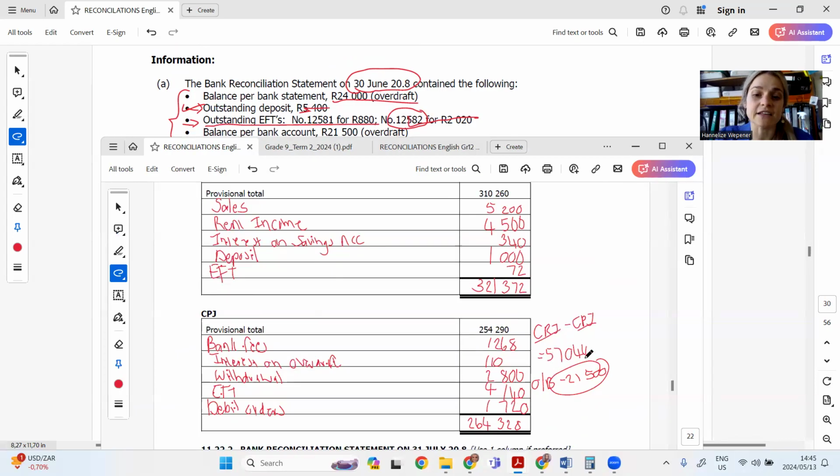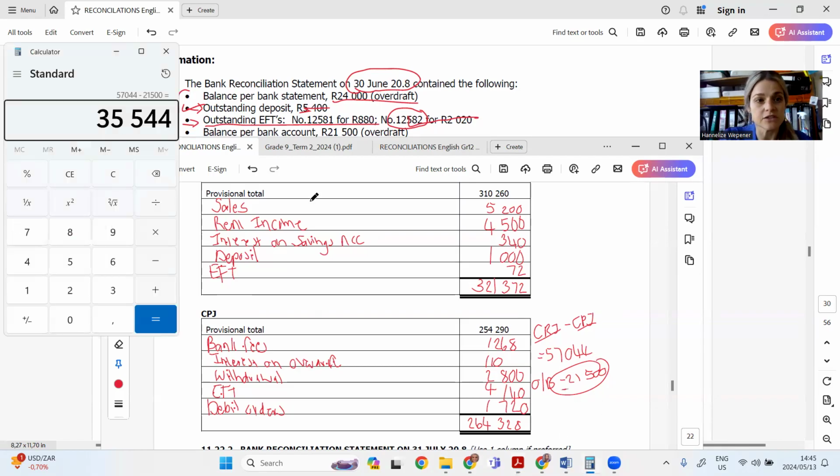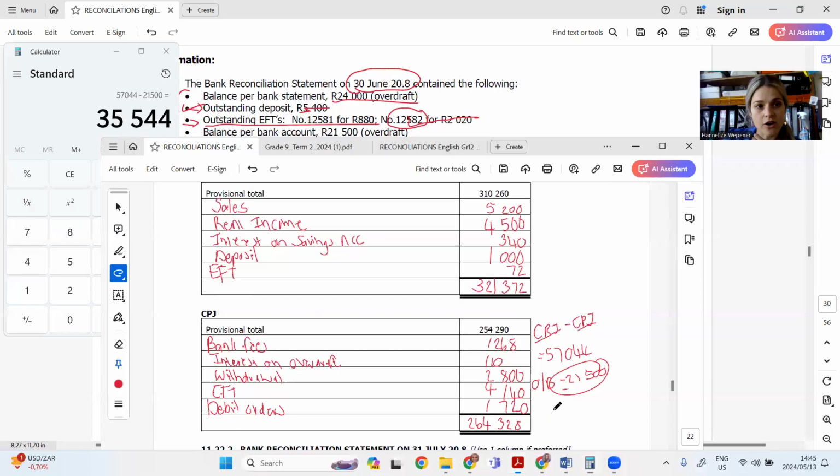So they had a difference of 57,044 Rand that we received more than the outflows for the month. So that minus, remember it's a minus because you had an overdraft at the beginning of this month.